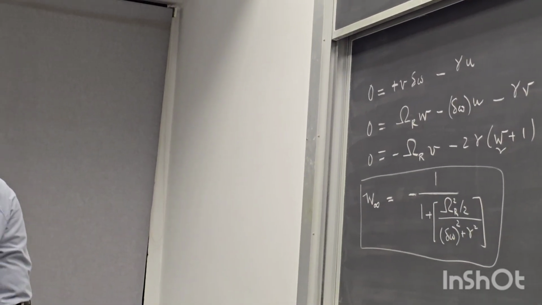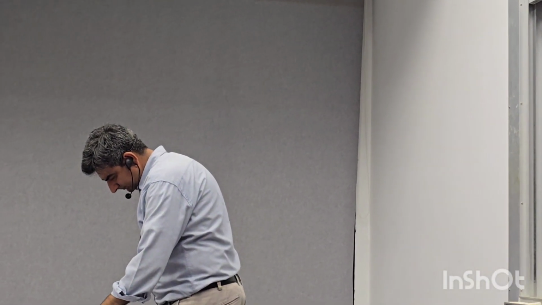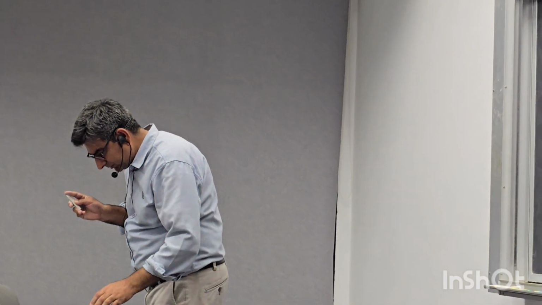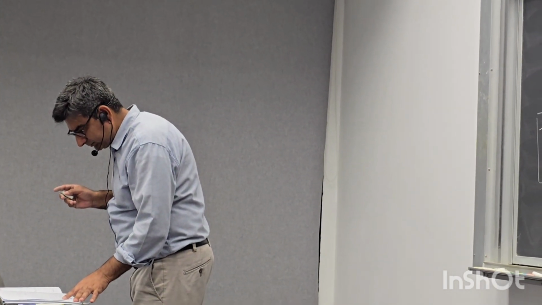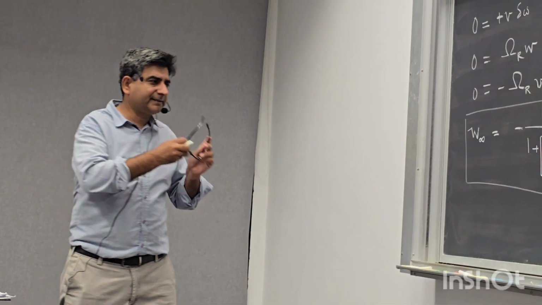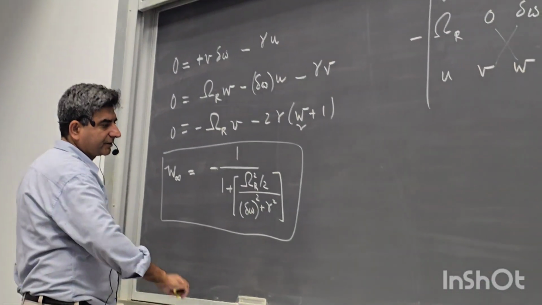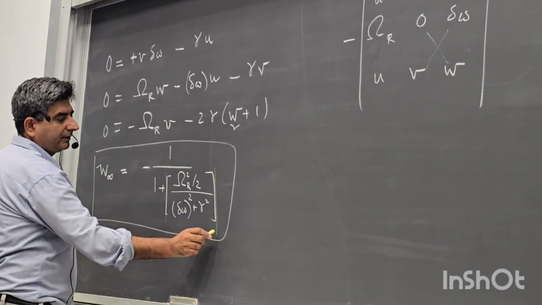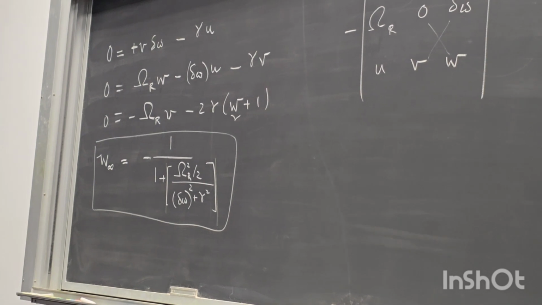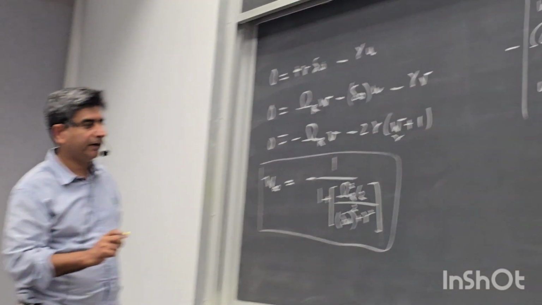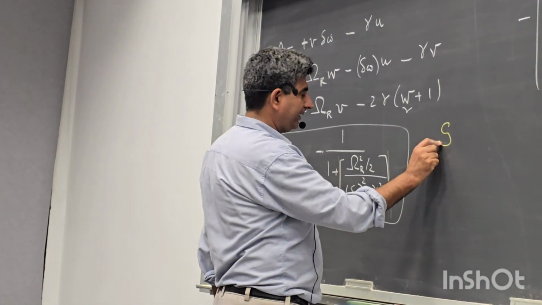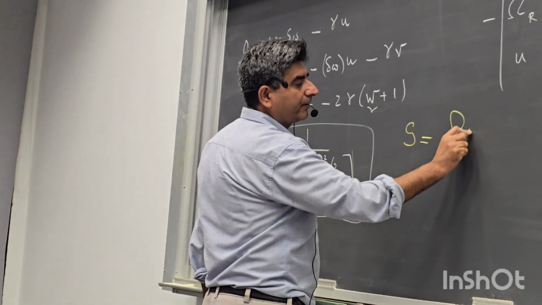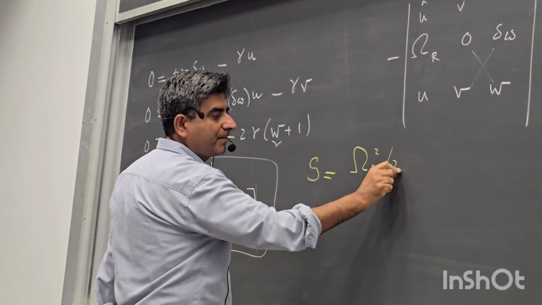Now, what else can I do for this? Let's call this factor S. S is omega r square over 2.